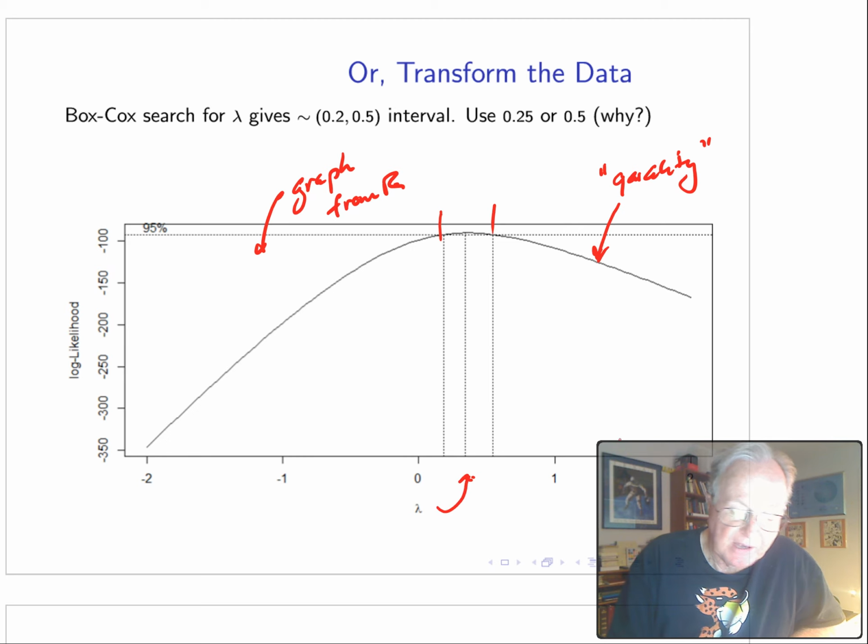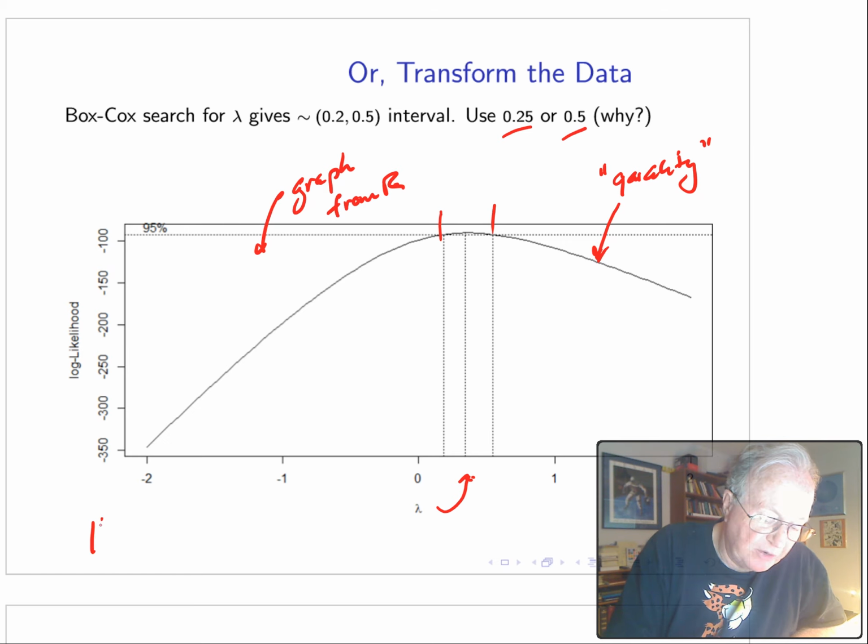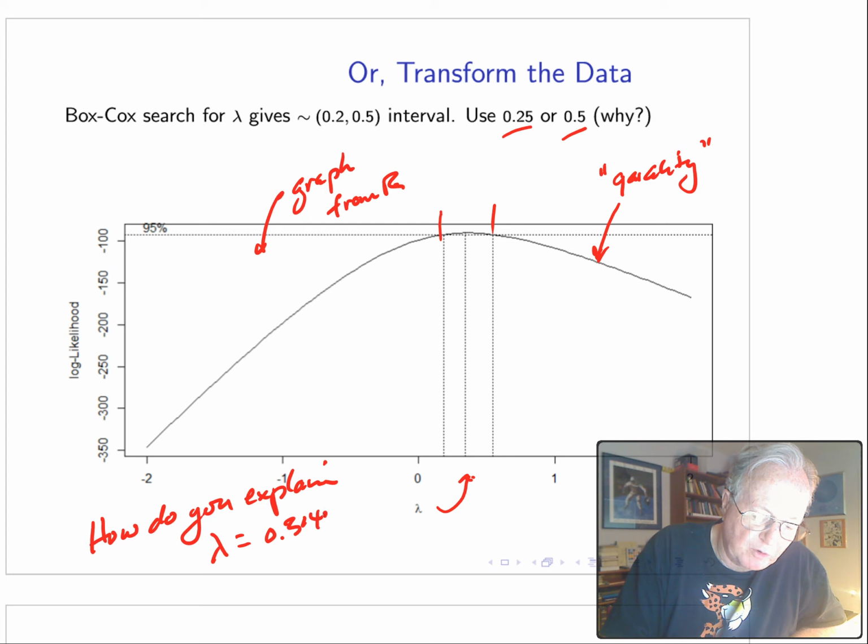If we look at this, we can see that a couple of simple fractions are in there, 0.25 or 0.5. The reason to use simple fractions is, how do you explain lambda equals 0.314159 to a scientist?